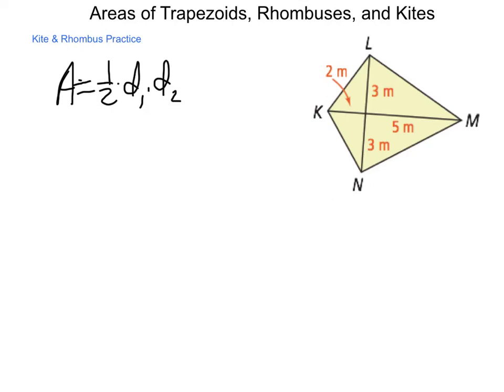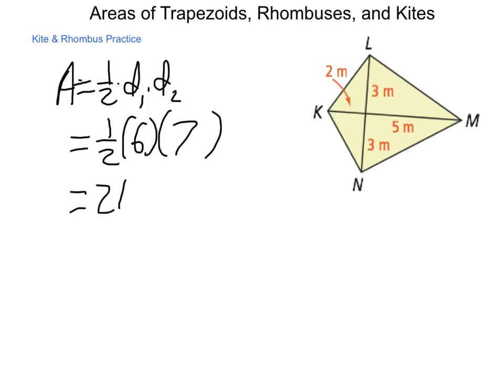The two parts of the semi-minor axis, which is this one, the shorter of the two, 3 plus 3, so that entire distance is 6. So we have 1/2 of 6 times the length of the major axis, which is 2 plus 5, or 7. So half of 6 is 3, 3 times 7 is 21, so we have an area here of 21 meters squared.